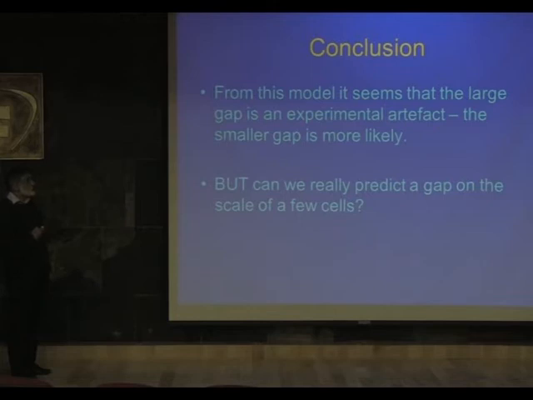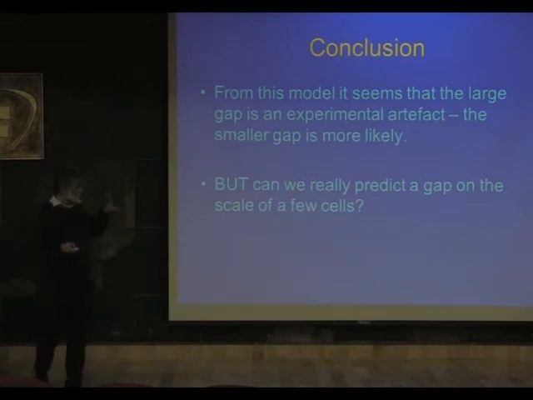Okay? Now there's a problem with all of this, and it's a problem that me and everybody else brushes under the carpet. The gap is only 2 or 3 cells thick, 2 or 3 cells wide. Okay? And we're using a continuum approach here. A continuum approach is valid over a length scale of 10 or 100 cells.